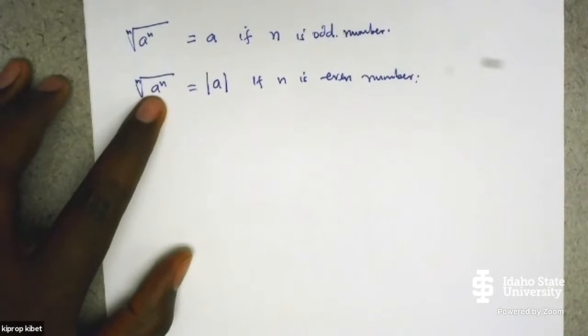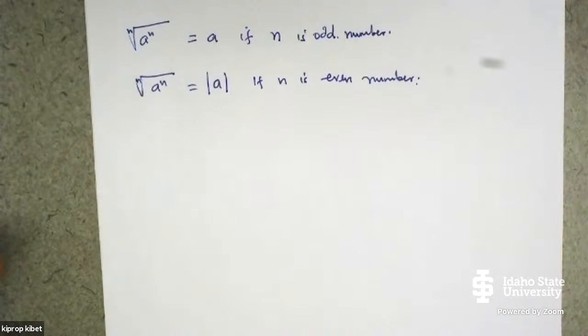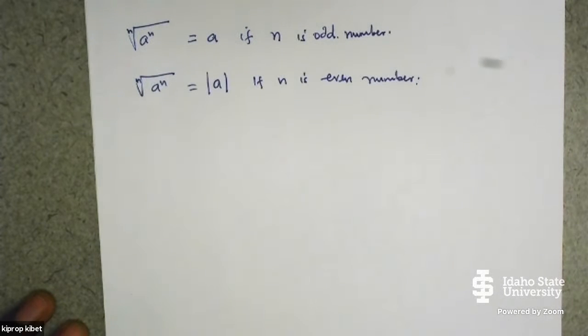If it is even, and there is a negative, then it means that you cannot get the square root, unless it becomes actually a complex number. So in our case now, we don't deal with the complex numbers.